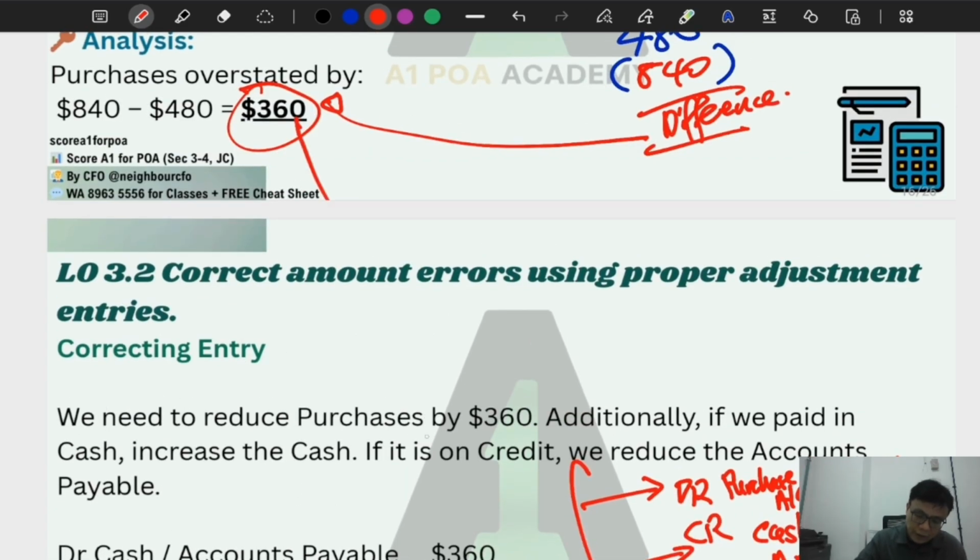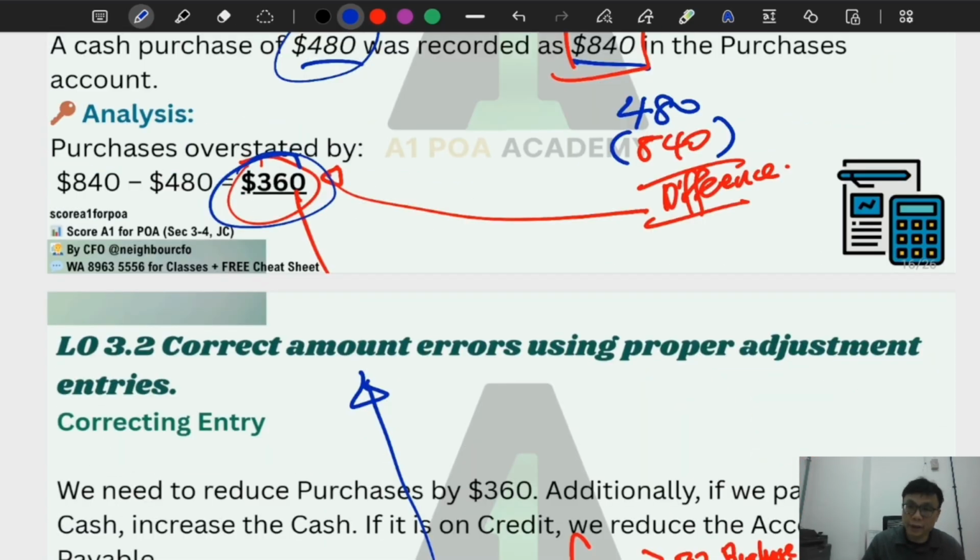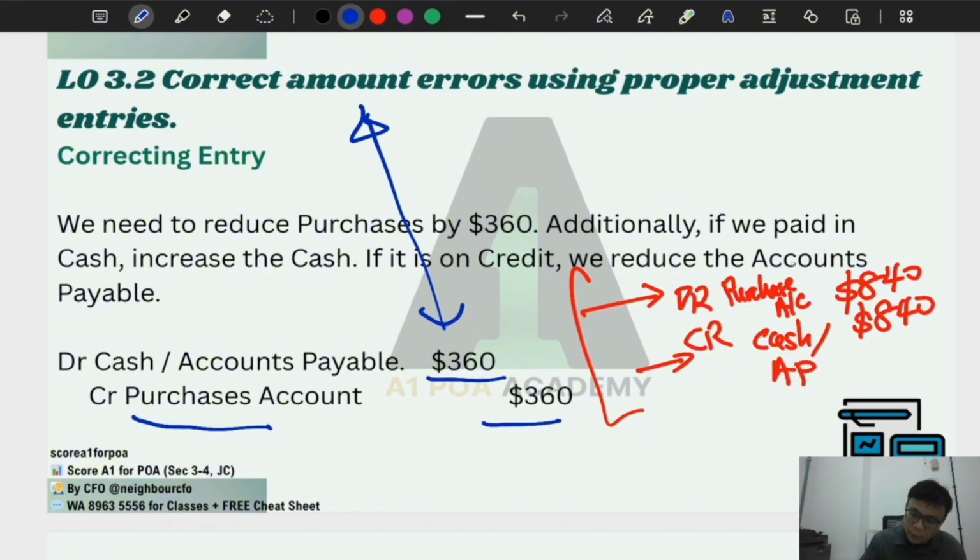So the value in this instance will be 360 over here. In the purchases account, we over-debited by 360. So now we need to bring it down and therefore we will credit the purchases account. And the flip side of it is, of course, we will debit cash or accounts payable, based on the assumption whether you pay on the spot, cash on delivery, or there's a credit term that was granted by the supplier, the accounts payable.